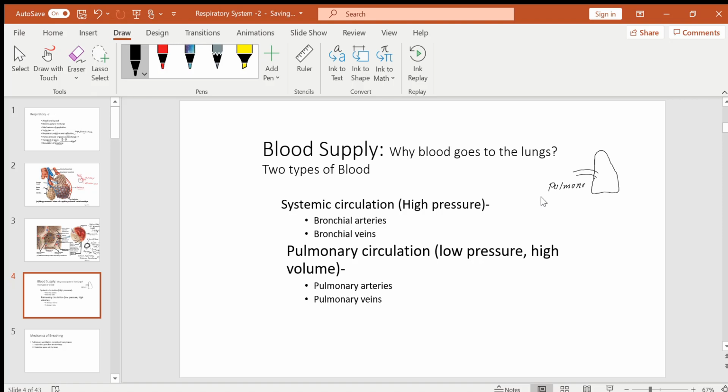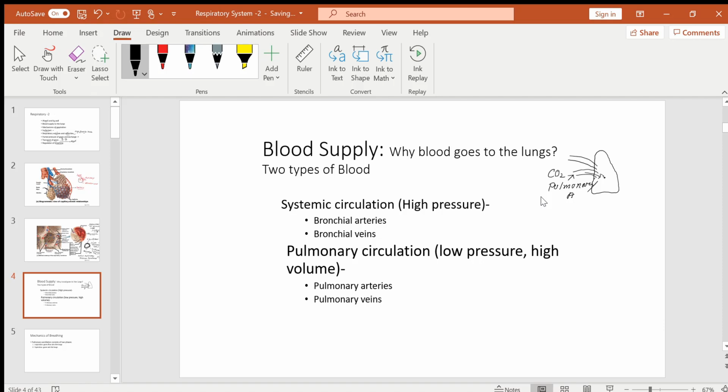Pulmonary artery, you all know, takes deoxygenated blood, that means carbon dioxide rich blood, to the lung to get oxygen. So that is one type of circulation in the lung. The heart sends carbon dioxide rich blood to the lung, and the blood gets oxygen from the lung and goes back to the heart by the pulmonary veins.